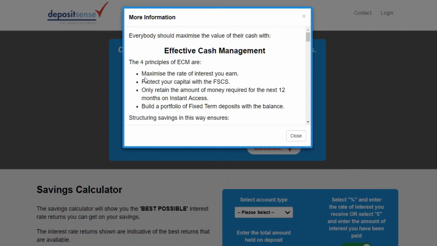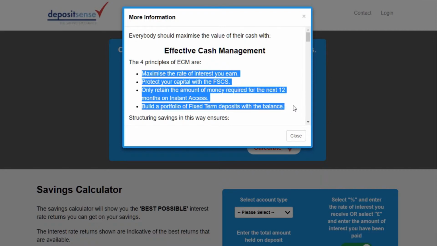And to follow that forward, if you're maximizing the rate of interest you earn, you should only retain the amount you need available for the next 12 months on instant access, because you can get better rates of interest on fixed term deposits. But it's really important at all times that the clients have access to money, and that they're never more than 12 months away from a new tranche of money, so they can always top up if they need to.